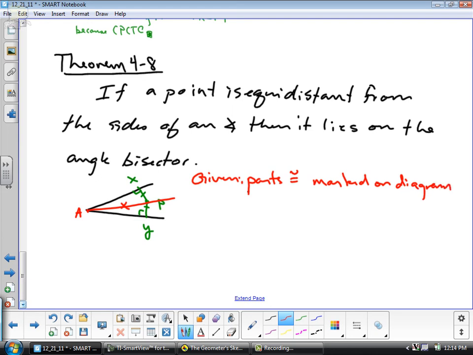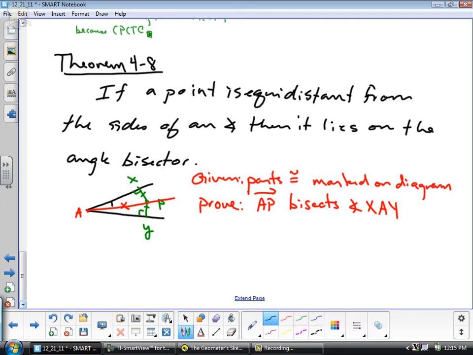Again, our given is marked on the diagram, and we want to prove that ray AP bisects angle XAY. In this case, it wouldn't matter what I called it, because any of them can bisect.